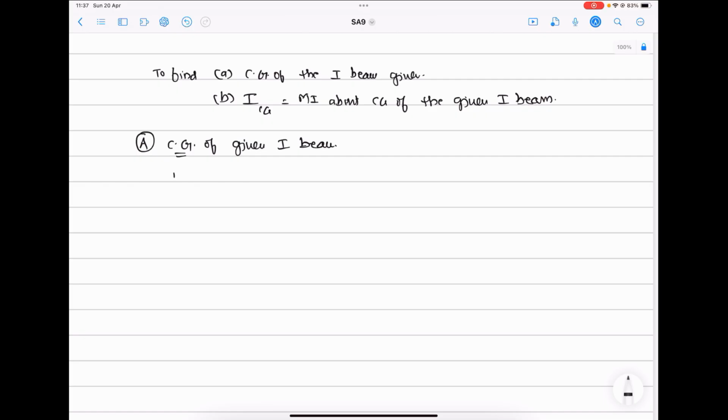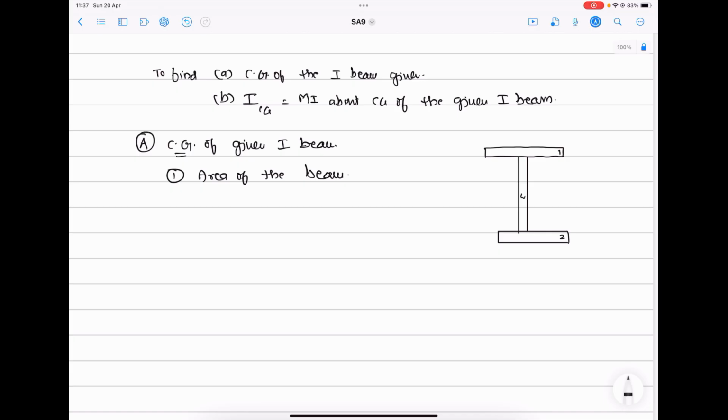To find that, first we require the area of the beam. Whether it is with respect to the x-axis or the y-axis, the area of the shape of the beam does not change. Area is a constant. Now you see, this is the I-beam. How many parts does it have? 3 parts are connected together: flange 1, flange 2 and web.